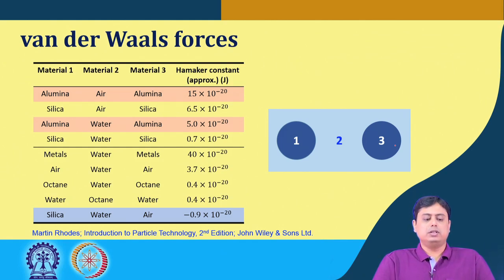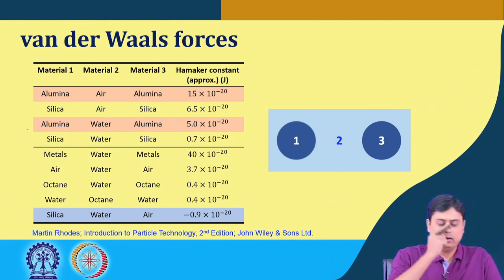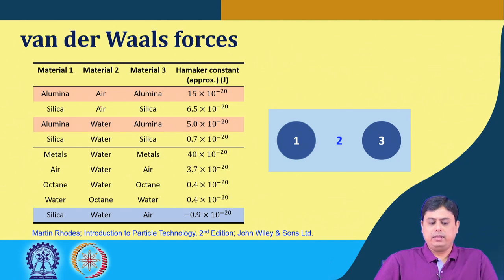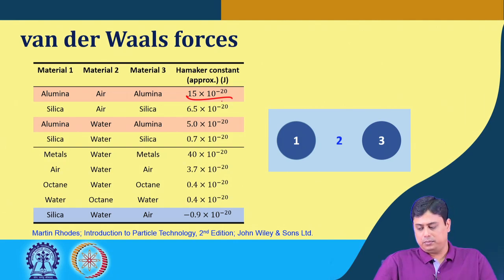So what is noteworthy in this table? We have different materials, say alumina and alumina separated by air. In this case we have a Hamaker constant value in the order of 15 multiplied by 10 to the power minus 20 joule. In case of silica, this value is lower, which is 6.5 into 10 to the power minus 20.